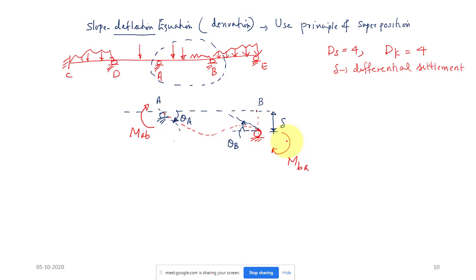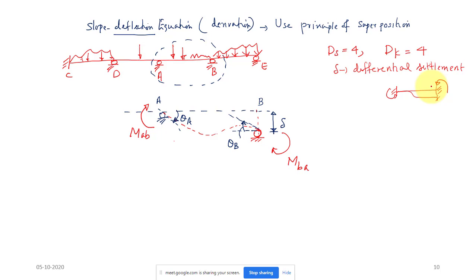Why have I considered only the relative settlement? Because if we have an indeterminate structure like a fixed beam, you must have studied the effect of differential settlement. If only one support is moving relative to the other, because this structure is indeterminate, it will induce additional moments in the members.